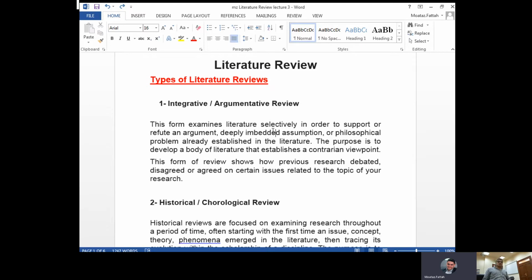But as well, you might show what the counter arguments are by others. In other words, you might tell me, okay, but those people who disagreed with this point of view, 1, 2, 3, 4, 5, 6, and tell me what these people or these researchers who disagreed with this outcome built their research on.